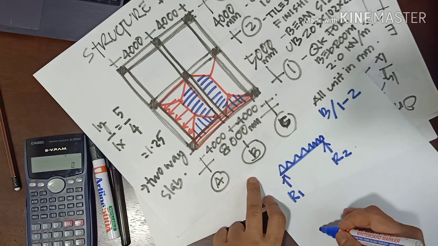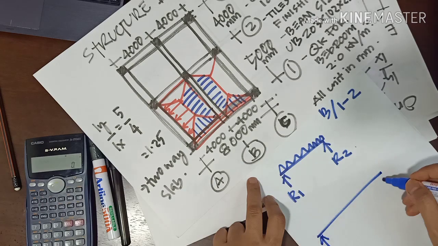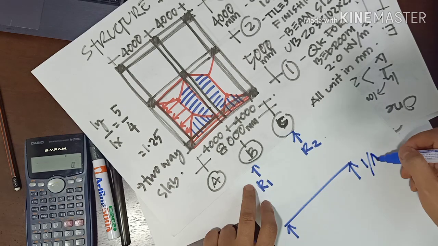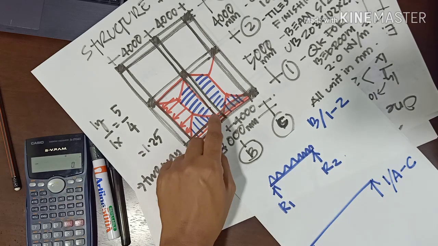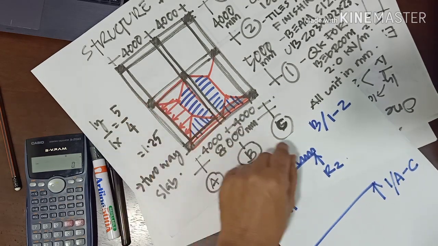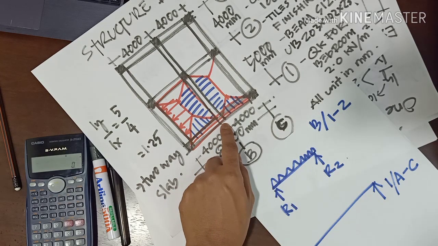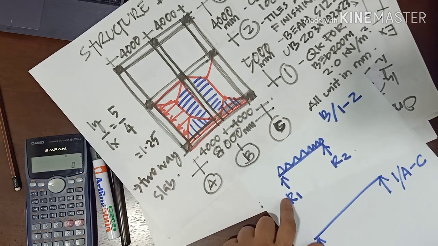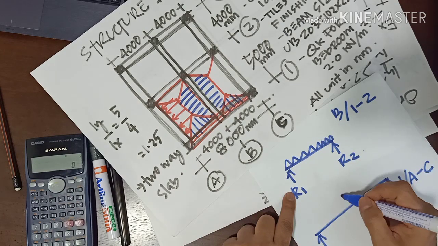Since you want to calculate the load acting on beam 1AC, you will have to calculate beam B12 first in order to get the reaction R1. Because there is no column, R1 will become a point load on beam 1AC.